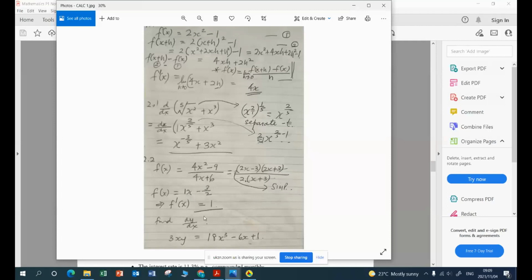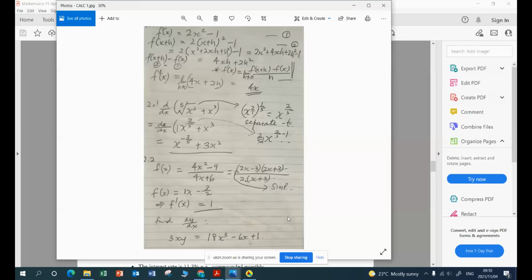Now, I just included this example as practice for you. It may be useful for you to have a pen and paper handy so you can write and note certain things, and you can also ask questions. Now, you want to find dy/dx given 3xy equal to 18x cubed minus 6x plus 1.